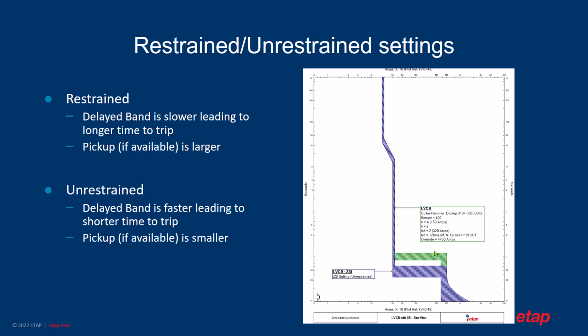That's why we call it restrained. If there's a pickup available for the restraint setting, typically it will be larger, depending on the manufacturer and the model. The unrestrained curve is plotted with unrestrained settings. The delay band is faster, so it leads to a shorter time to trip.